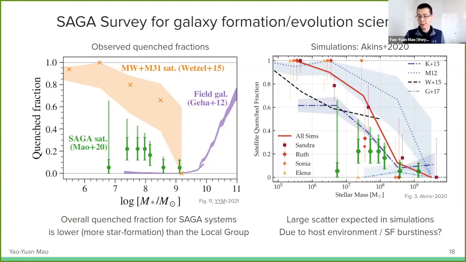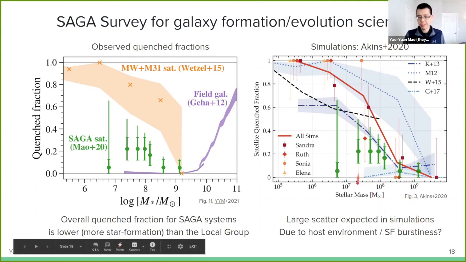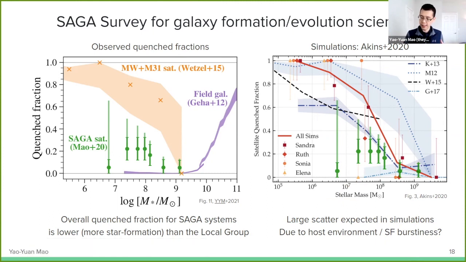Among the objects that we have compared, I'm working with Alison on this. Environment definitely seems to have some impact. For example, if you have an M31-like companion, or the host itself is older, formed earlier, it does seem the satellites are more quenched. But this is not yet statistically significant, because of the number of systems.